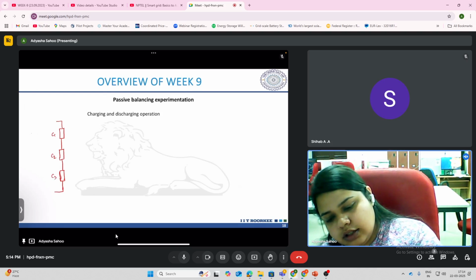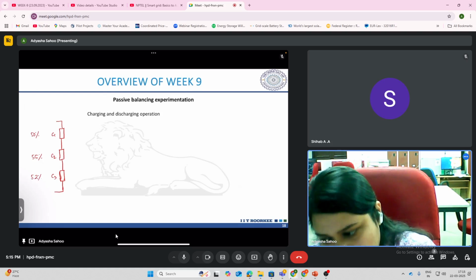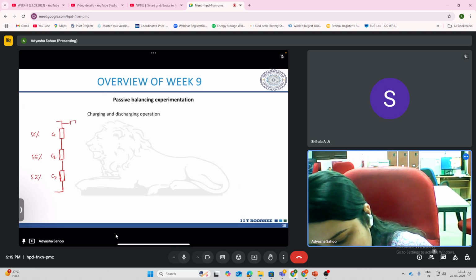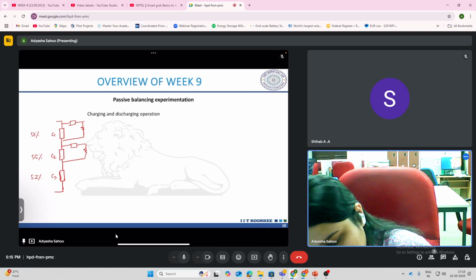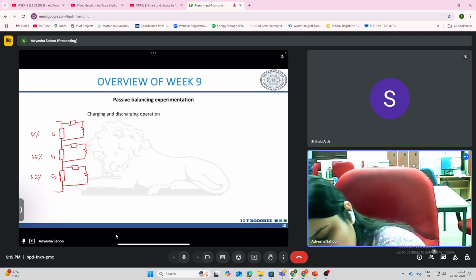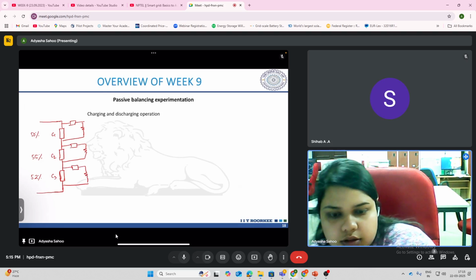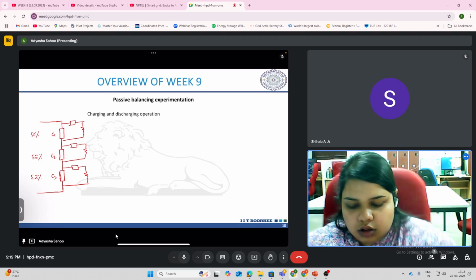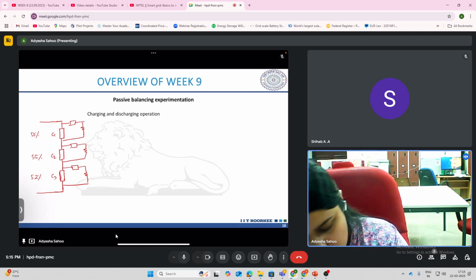Let's say cell 1 is at 50% SOC, cell 2 is at 55% SOC, and cell 3 is at 52% SOC. And then you have the respective switch and the resistance across it. And let's say you are trying to charge this. So charging means the current will be in this direction.